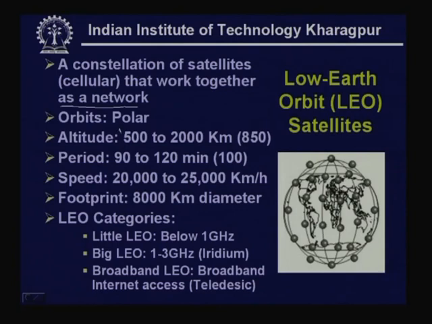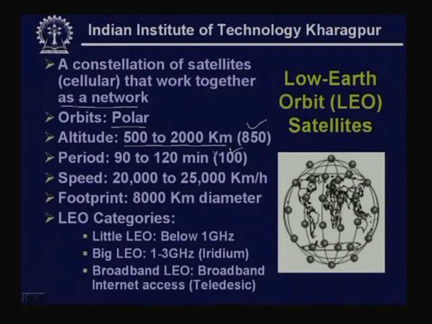Usually in LEO satellites, polar orbits are used, in the range of 500 to 2000 kilometers. So, altitude is 500 to 2000 kilometers, not the radius, and a typical value is 850 kilometer, and based on this altitude you can find out the time period, which varies from 90 to 120 minutes. For example, for 850 kilometer altitude the period is 100 minutes, and the satellite rotates at the speed of 20,000 to 25,000 kilometer per hour.